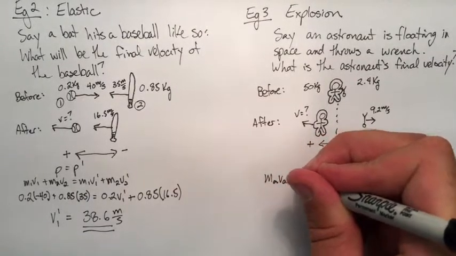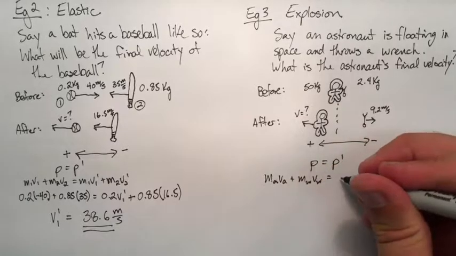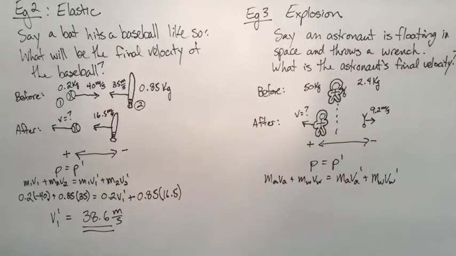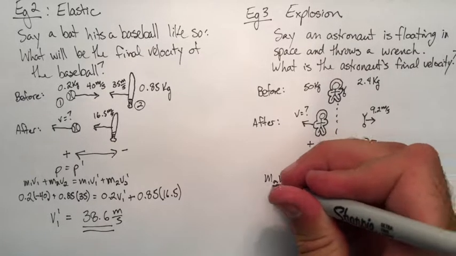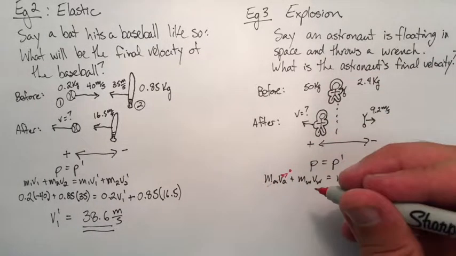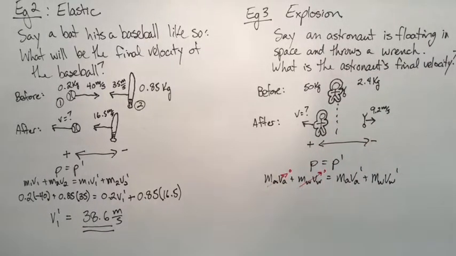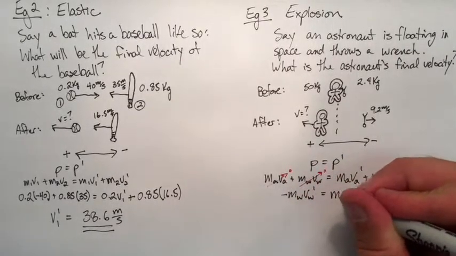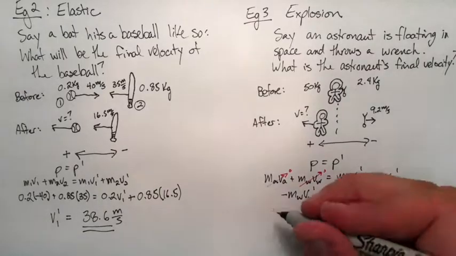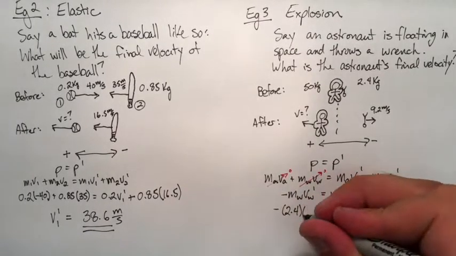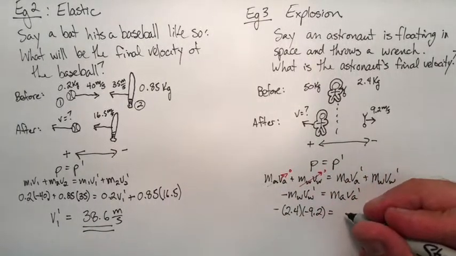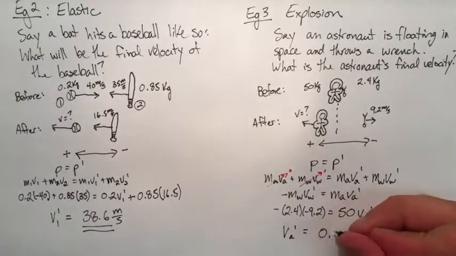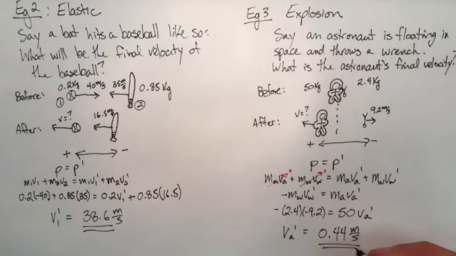So here, momentum of the astronaut plus momentum of the wrench equals the final momentum of the astronaut plus the final momentum of the wrench. Initially, both of them are at rest, so both of those first terms are going to go to 0. We're going to rearrange to start to solve for the velocity of that astronaut, making sure we have the proper negatives in there. For negative direction, we find the final velocity of the astronaut is 0.44 meters per second.